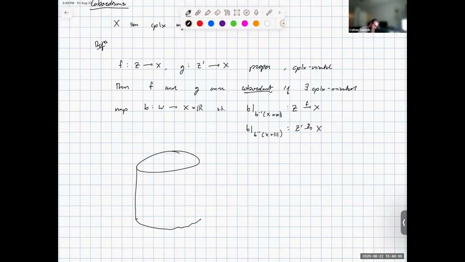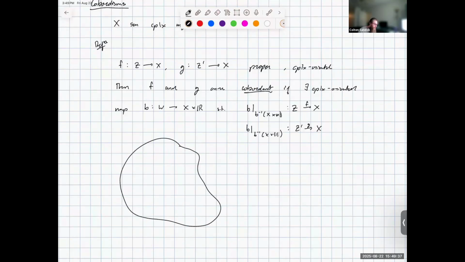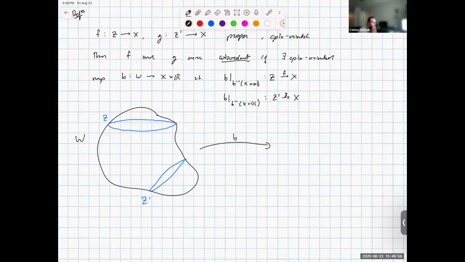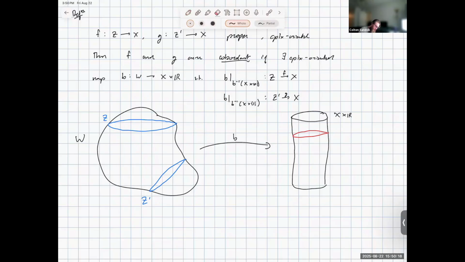We have some space W, and sitting inside of it we have copies of Z and Z prime, and then we have this map B going into this tube, our X cross R tube, with 0 and 1 marked.